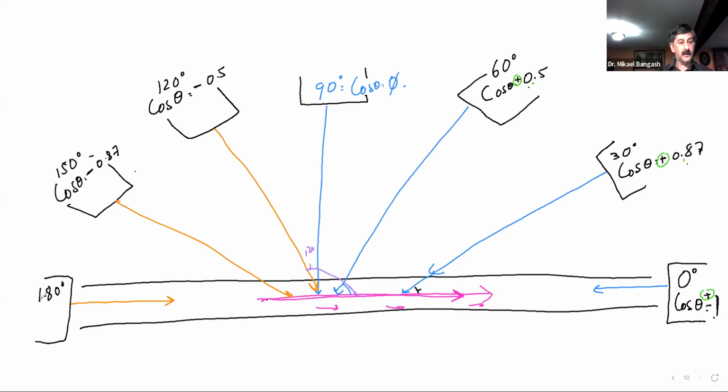This 180 degrees also has its own cosine theta value, and that is equal to 1, or more accurately speaking, -1. Did you guys get that? Clear?